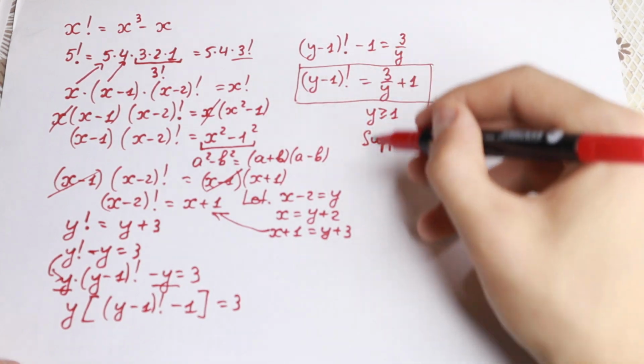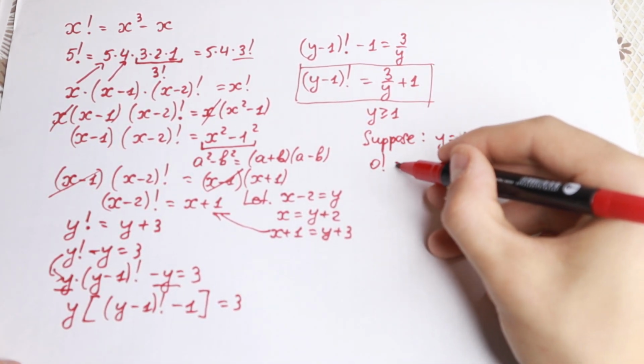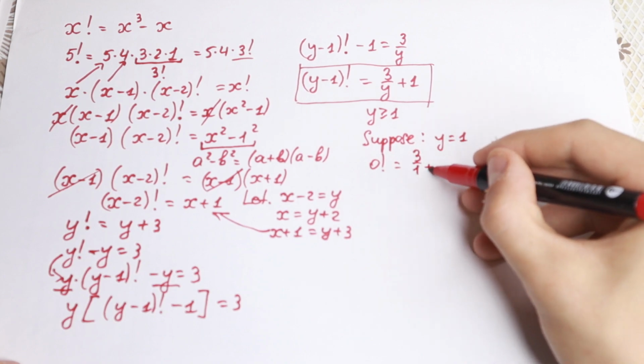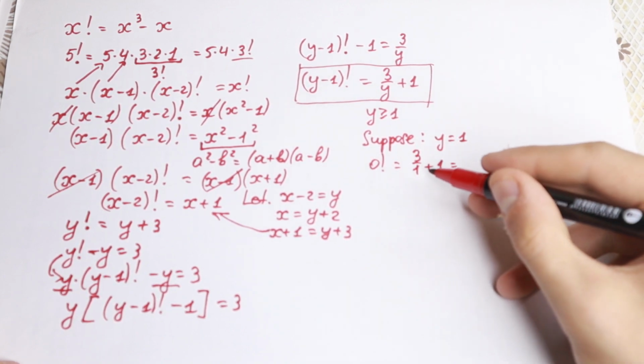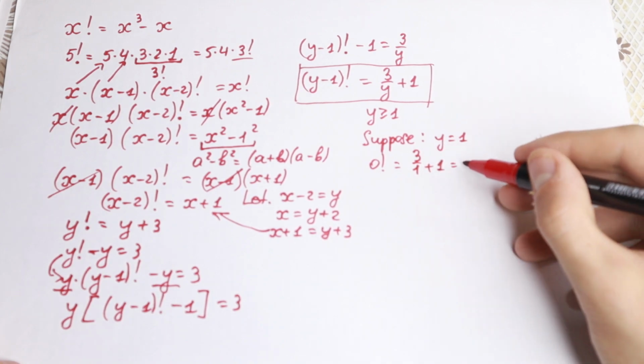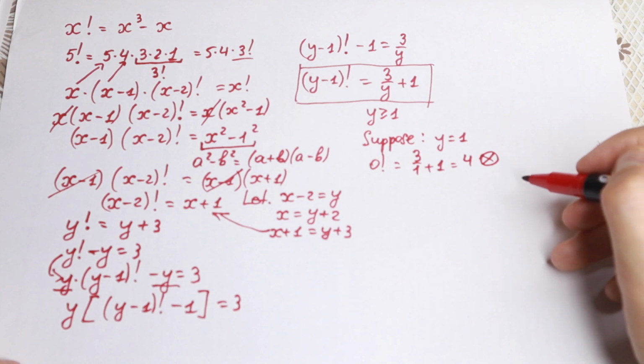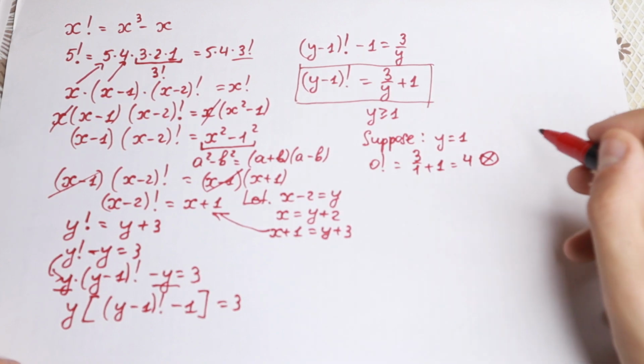Okay, what we'll have: 0 factorial equal to 3 over 1 plus 1, and right here we'll have 3 plus 1, 4. 0 factorial is not equal to 4, so this is incorrect. Yeah, so this is the first supposition, that y equal to 1. Let's go next.